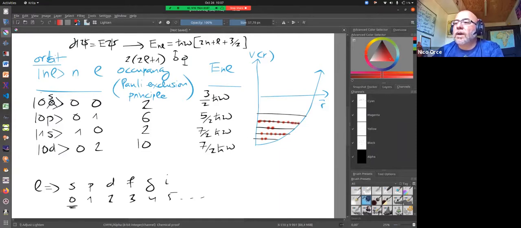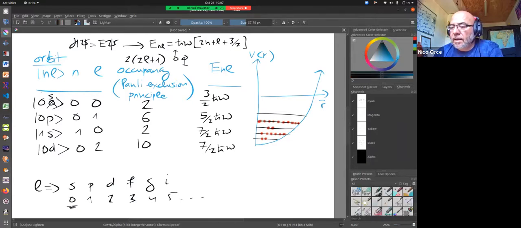Now let's keep working on this. Let's call this the 0s, 7/2. We can now go to the 1p, and then you have 1 here and 1 here.